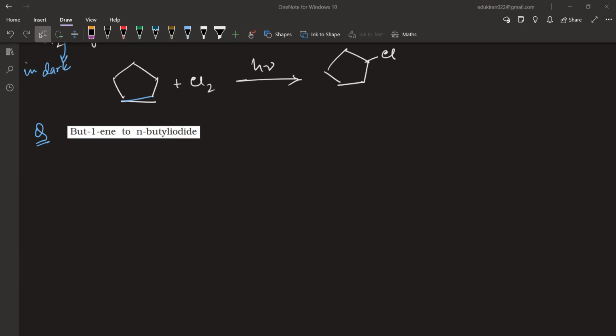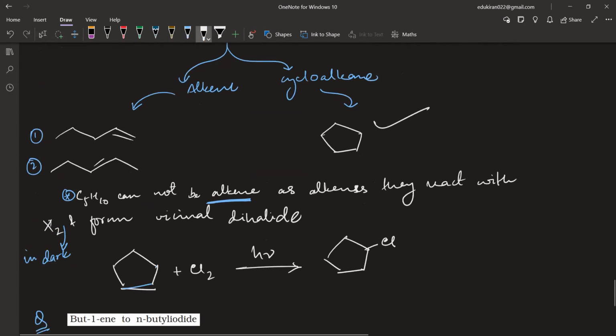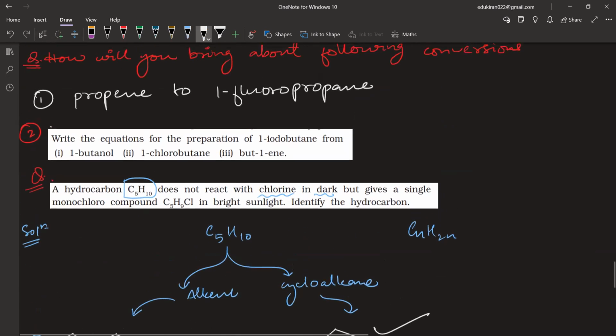The same procedure can be followed. Before, we had a similar question, right? It is iodobutane and but-1-ene. So it is the same question here. Correct. You have identified it very correctly.